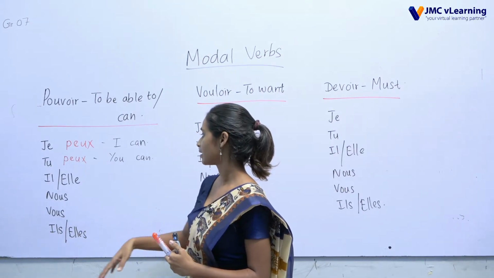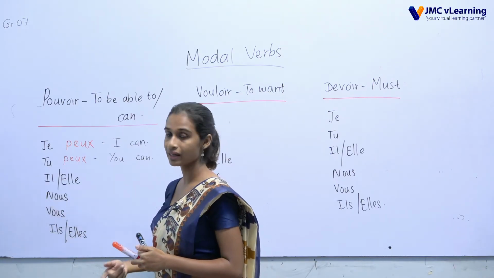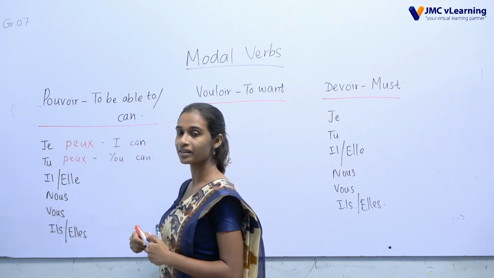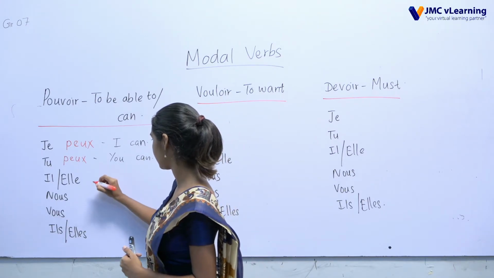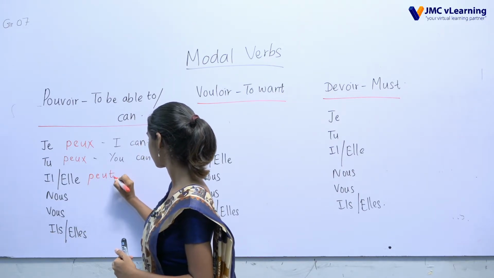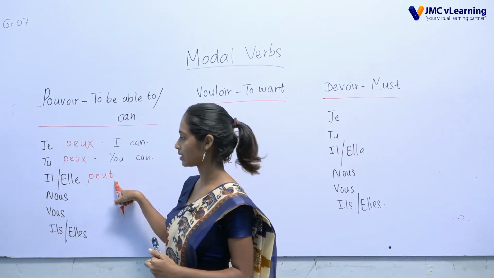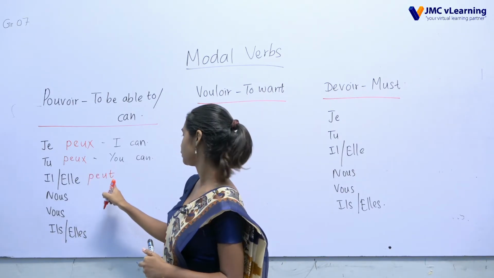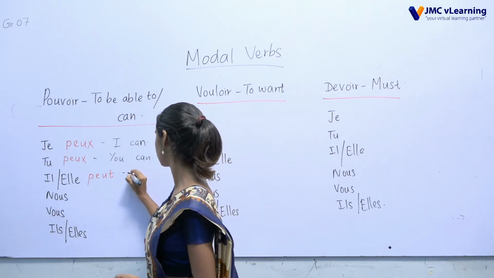Right. Then il or elle. What do you mean by il or elle? Il means he, elle means she, right? He or she can, il, elle peut, but you add a T at the end. Here you add an X, here you add a T at the end. Il or elle peut.